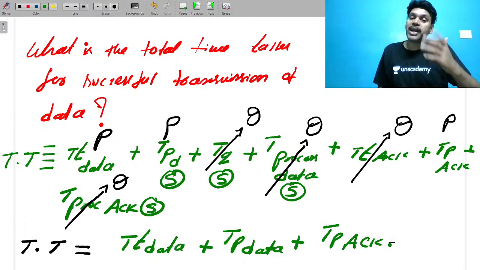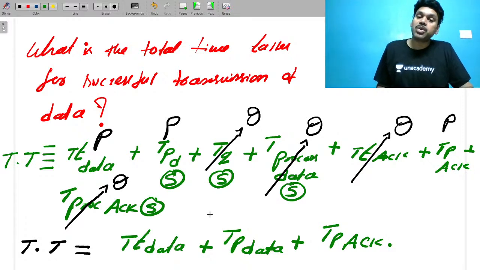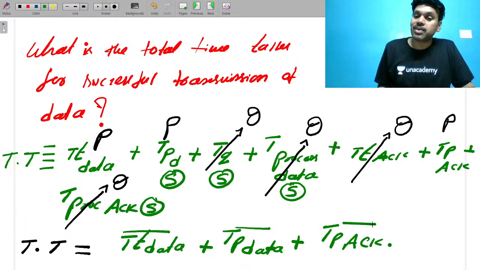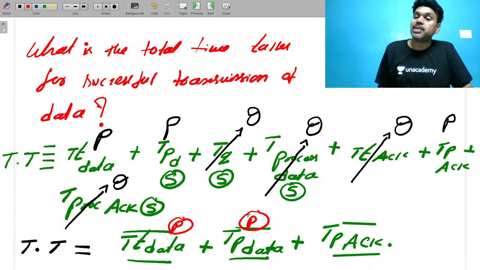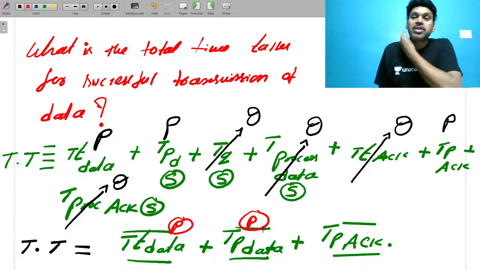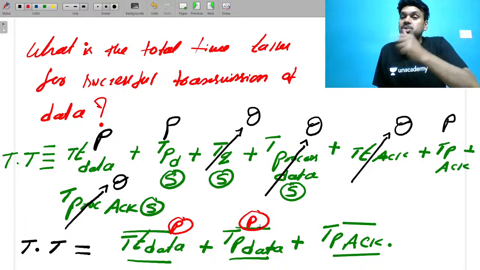So whenever you make those secondary delays negligible, that is the real total transmission time. In 95% of cases we neglect your secondary delays. We consider only these three important primary delays. Unless the sender places the data onto the media, nothing is propagated onto the medium, and unless the data is propagated onto the media, the data will not go to the receiver.